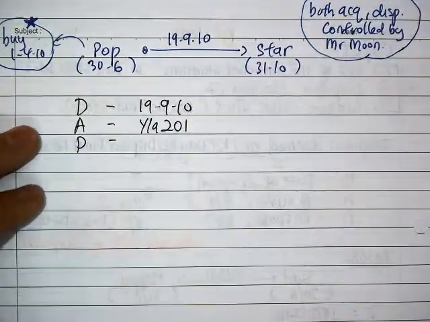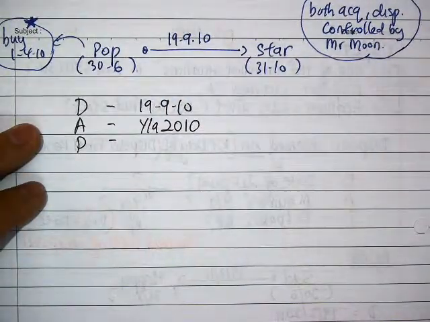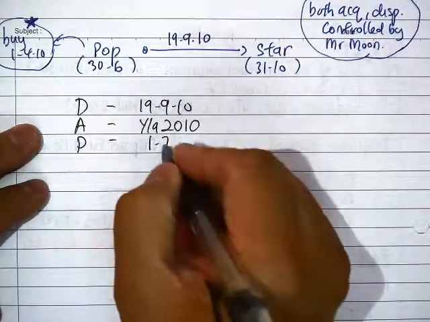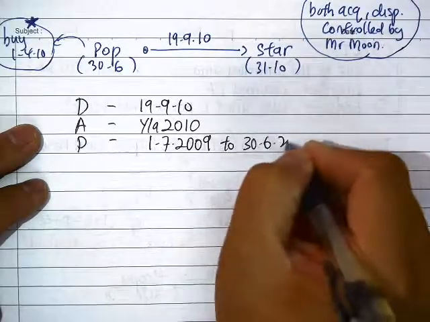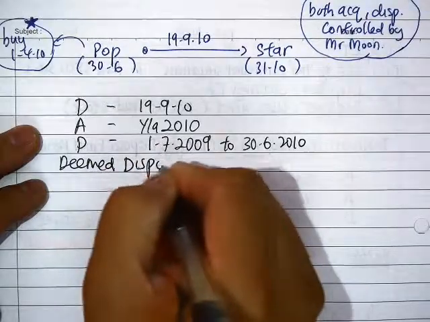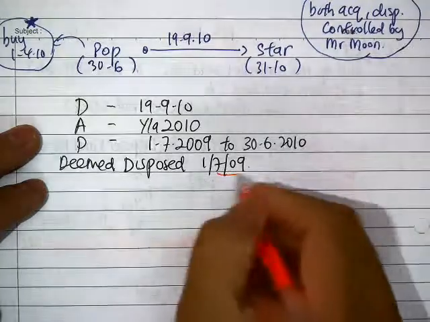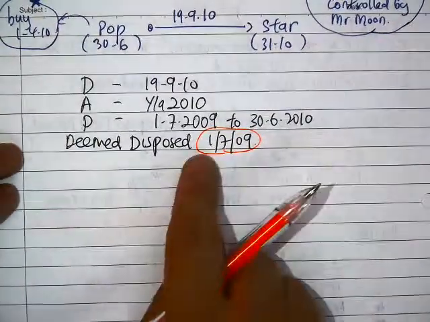October is your year end, so it will be 2010. So to disposal, Y2010 is 1st of July 2009 to 30th June 2010. So deemed dispose on 1st July 09.